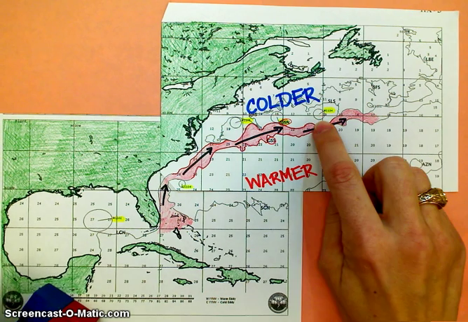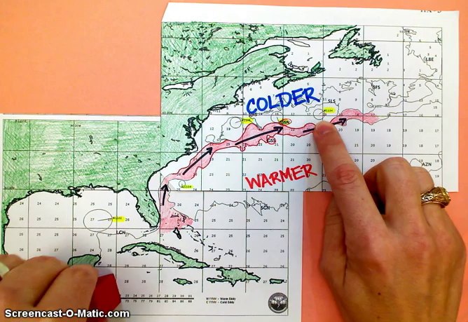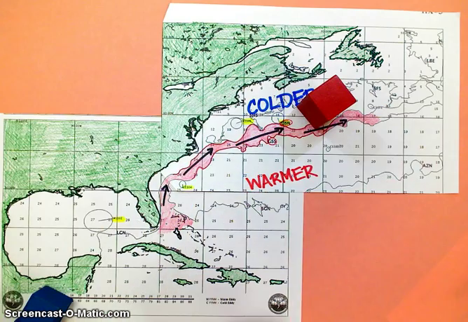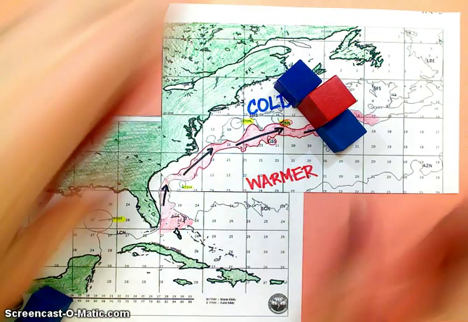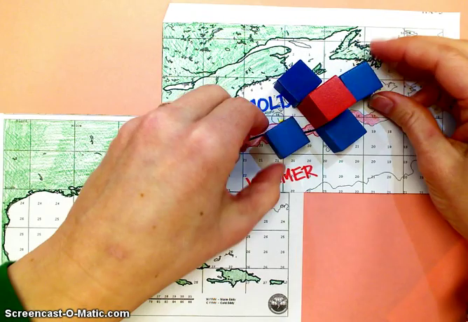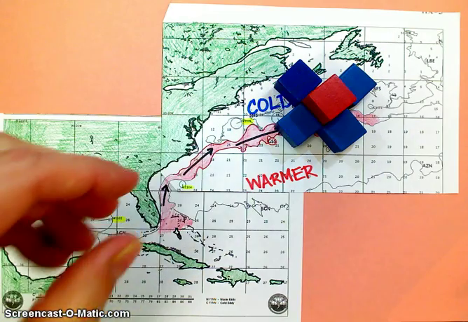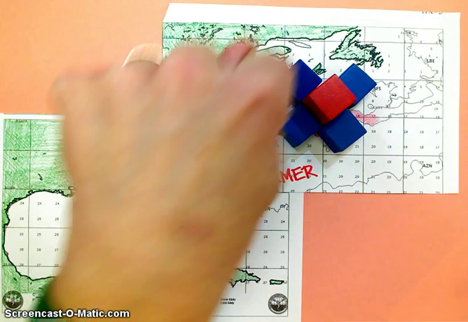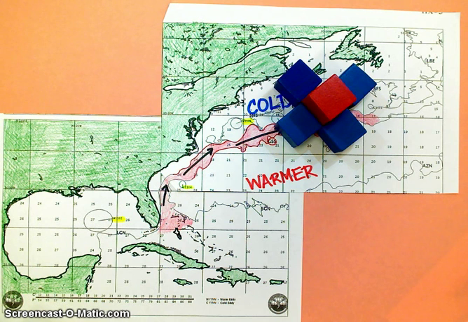If this eddy is like a local circulation of warm water and it's surrounded by cold water, then is the eddy's surface higher or lower than the surrounding sea? Higher. It's higher. Because it's warm water, it's less dense, it takes up more volume.